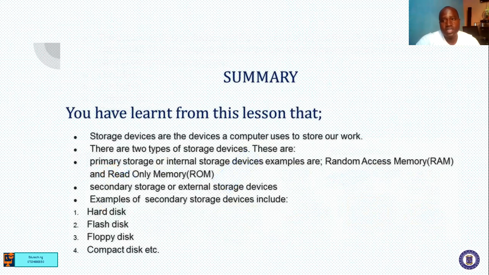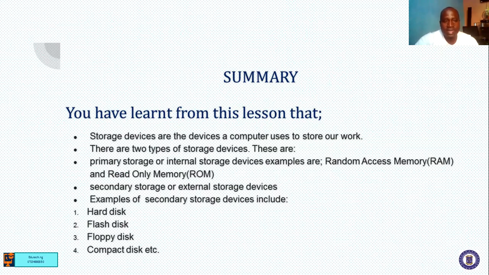And here comes the end of this lesson. But before I go, I would like to summarize what we have learned in this lesson. We learned that storage devices are the devices a computer uses to store our work.